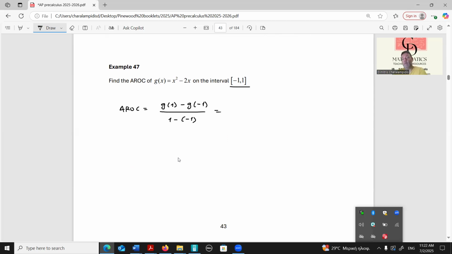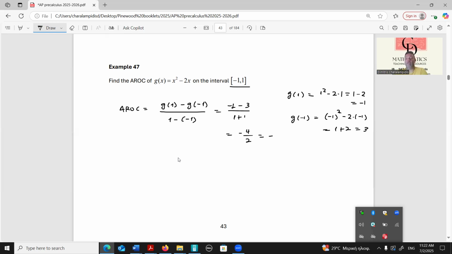Once again, I will separately calculate these values. g of 1 is 1 squared minus 2 times 1, 1 minus 2, which is -1. And g of -1 is -1 squared minus 2 times -1, so it's 1 plus 2, which is 3. Which means -1 minus 3 over 1 plus 1. So it's -4 over 2, which is -2.